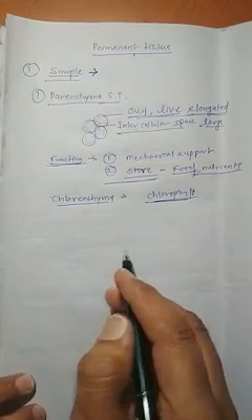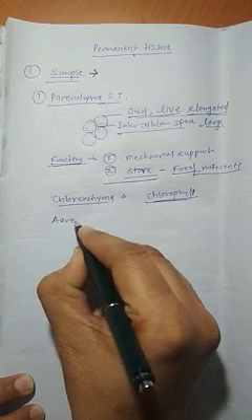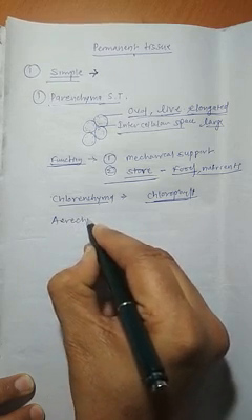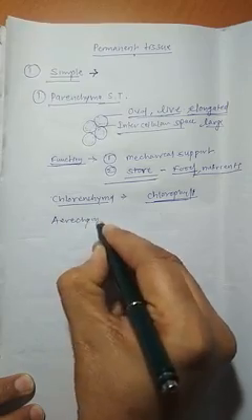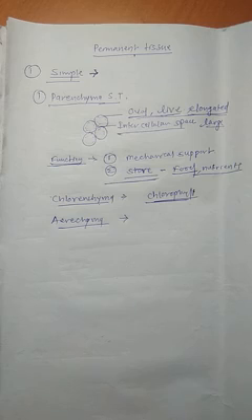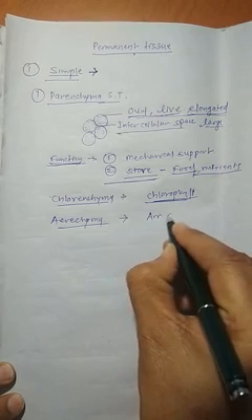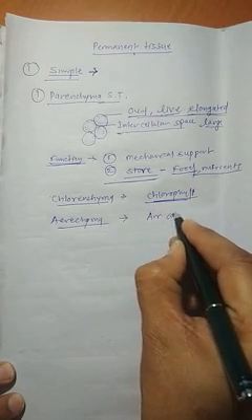And the second one, this is also a type of parenchyma. Parenchyma contains air cavities.